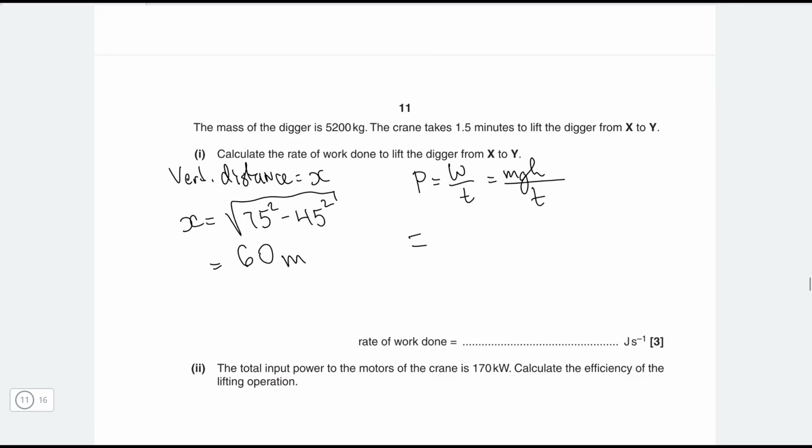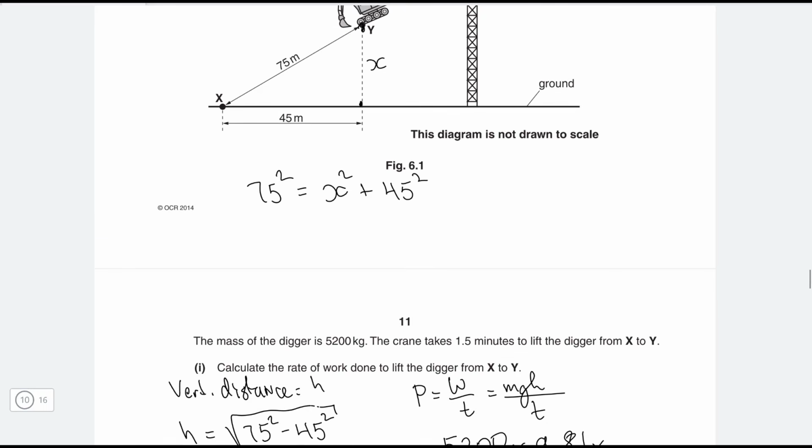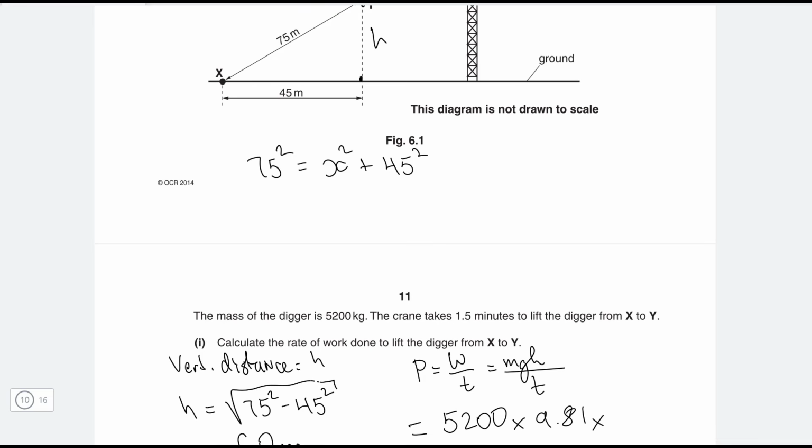The mass is 5,200, gravitational acceleration is 9.81, and the vertical height h. In this case we should have really called that h, so we'll change that to be consistent, and this here will also be h. Let's change that in the diagram as well.